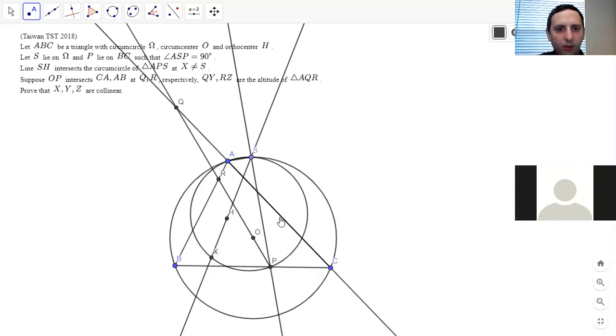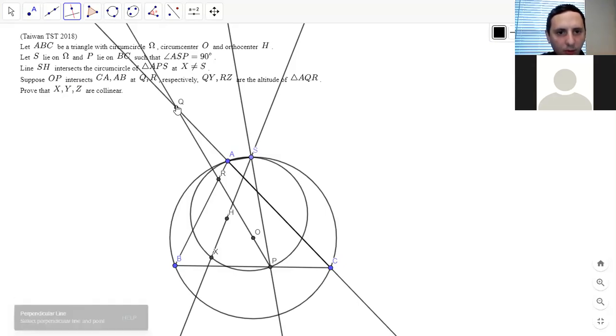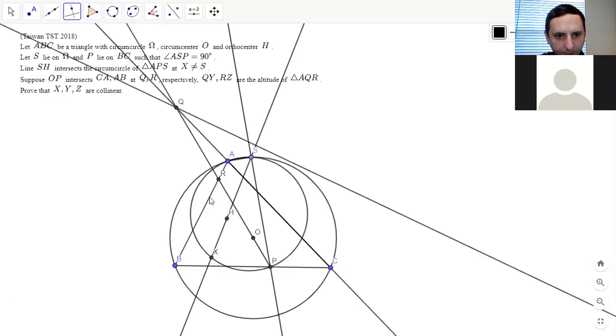QY and RZ. Okay, so in triangle AQR, we want to draw the two altitudes. So let's see. So Q to AR and R to AQ.